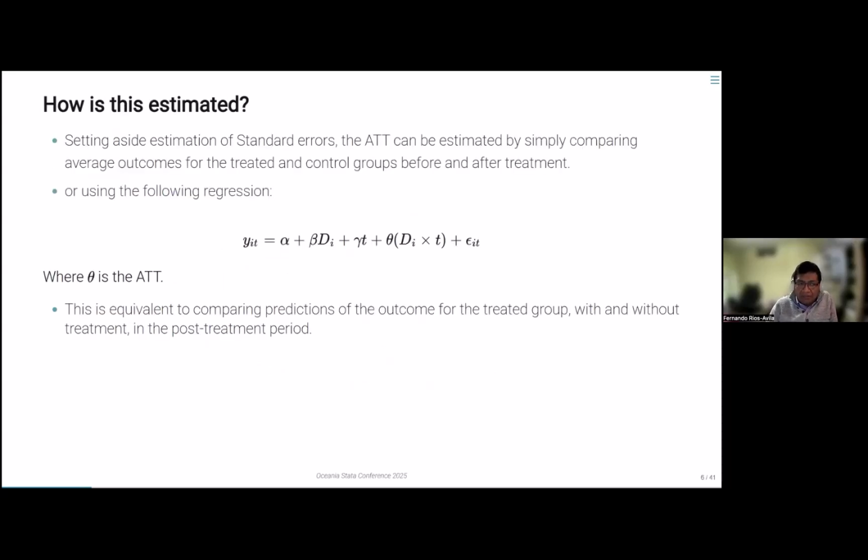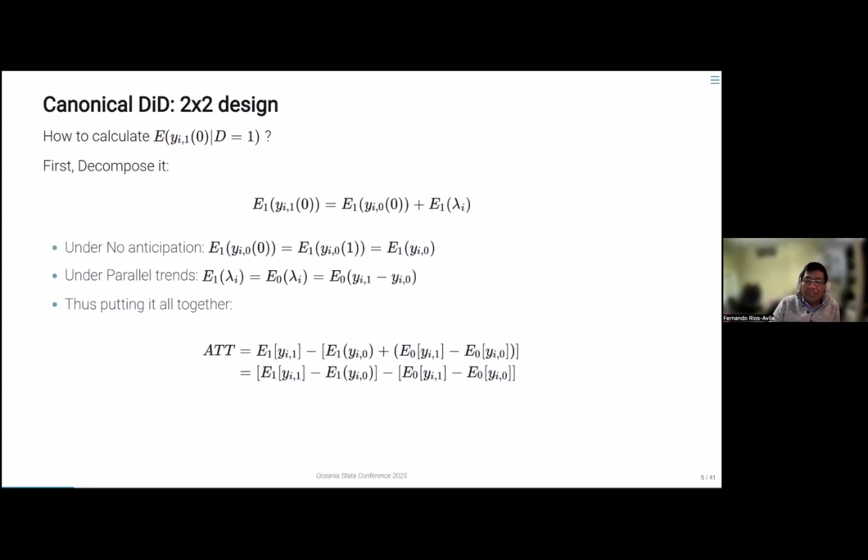How is this estimated? We're going to put aside the problem of standard errors, because standard errors on their own are a different beast altogether, and most of the time we're just going to rely on software. But if you are only interested in the ATT, at the end of the day, you just need to make these kinds of comparisons of means, and you will be done.